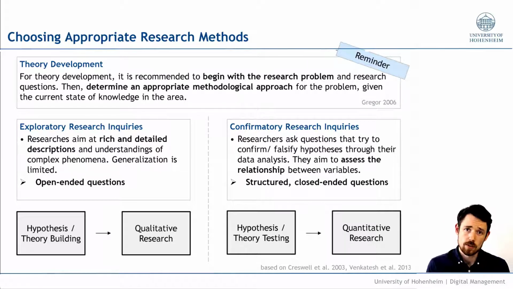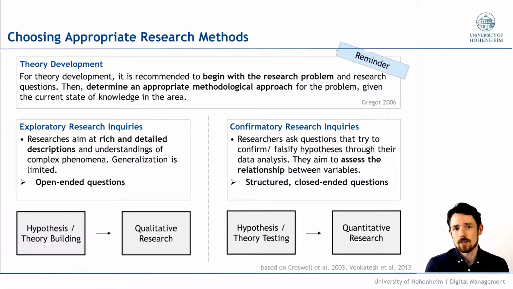For confirmatory research, it is good to use a structured approach and close-ended questions. For example, questionnaire questions, right? Where you ask people about some very specific things, some very specific variables or phenomena that you want to evaluate their relationship.